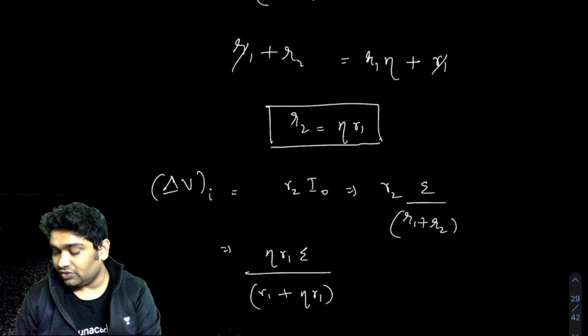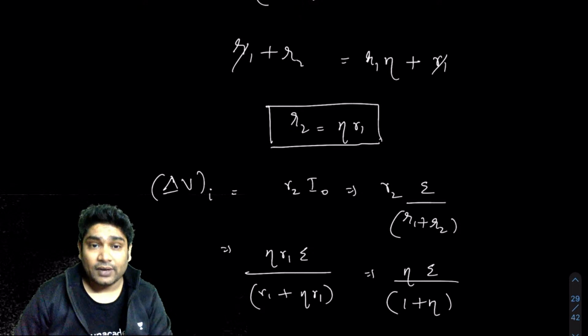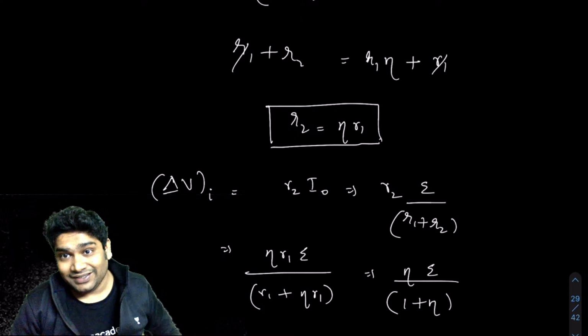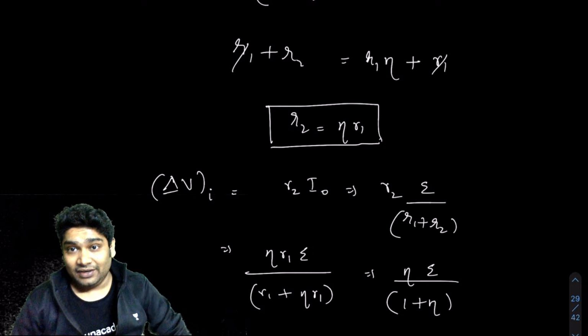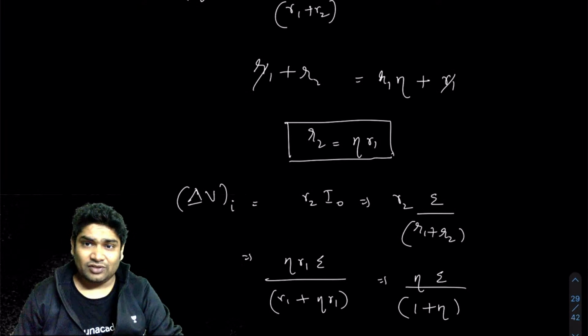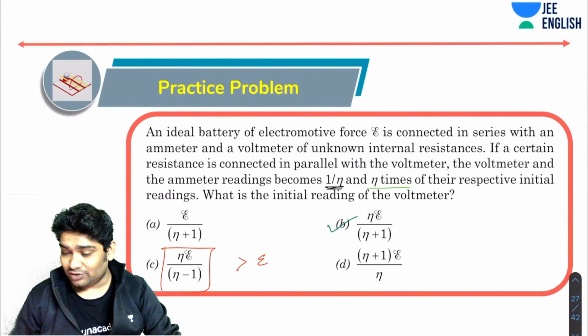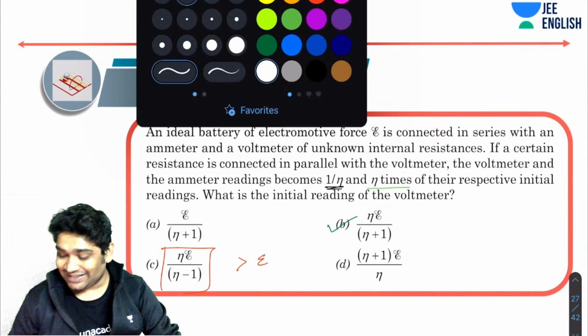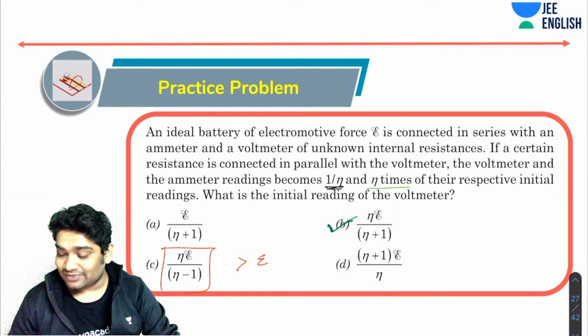So all the R1s will get cancelled, and what I get is eta epsilon over 1 plus eta, which I think was option B. So this is one way of solving it. I'm sure you can solve it using other ways. So this is the correct answer.